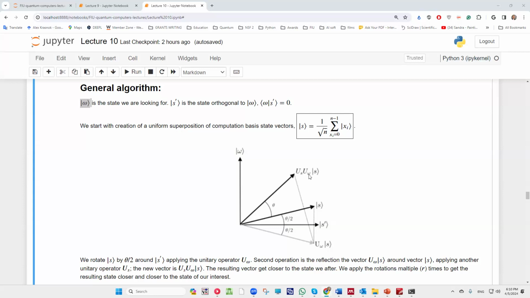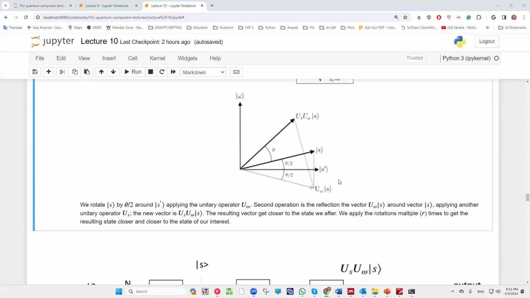The U S operator is the amplifier, or reflection operator. The main point here is that you see this vector gets closer to the state we're searching for. It's not perfectly aligned with this state, but it gets closer.